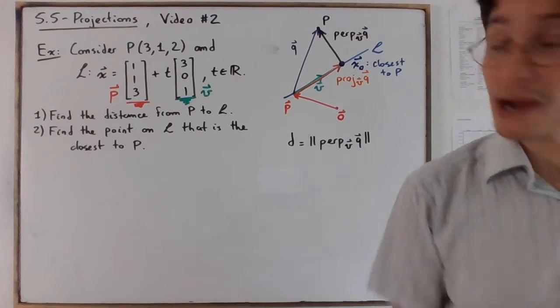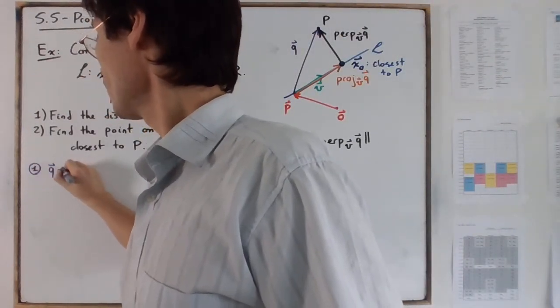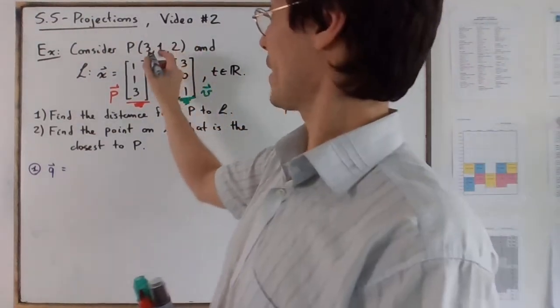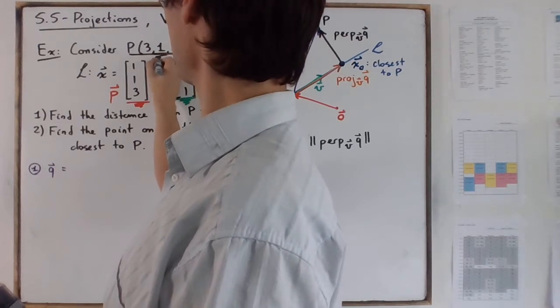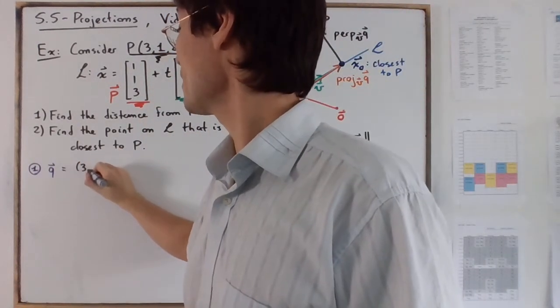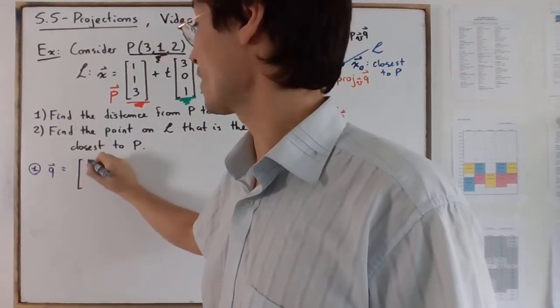So step number 1 again is to compute the vector Q. So Q will be, so this point that I'm going to color code in green in the steps. Actually, let's write it in vector notation, which means in a column.